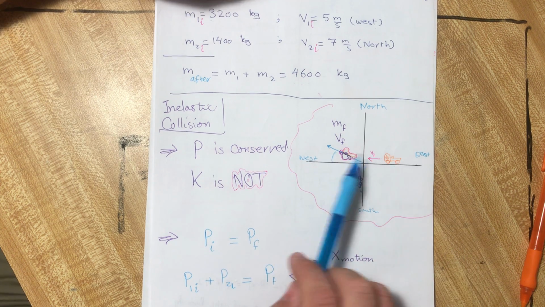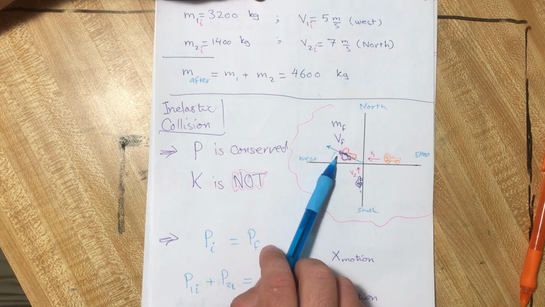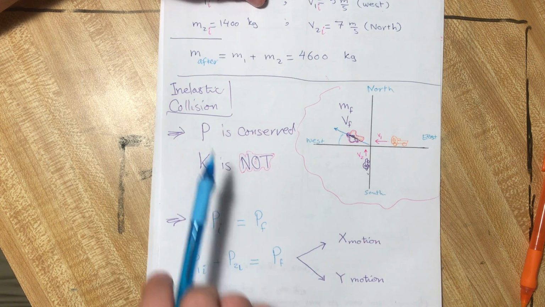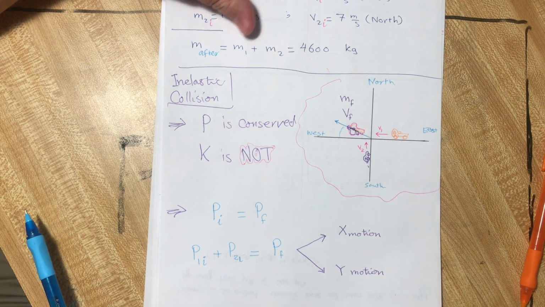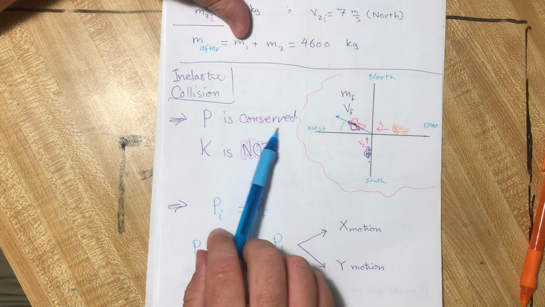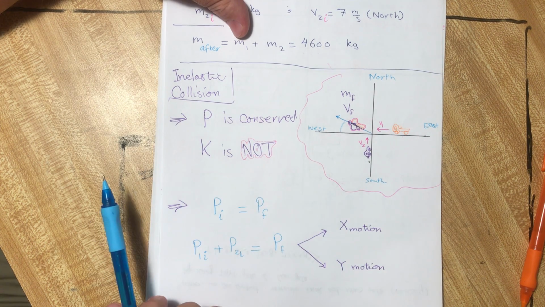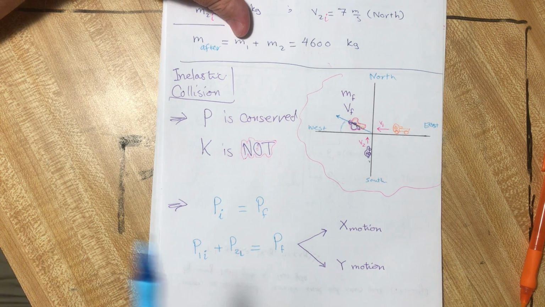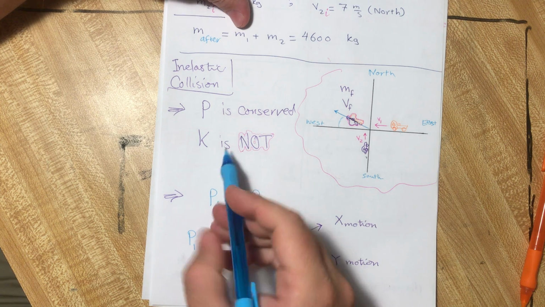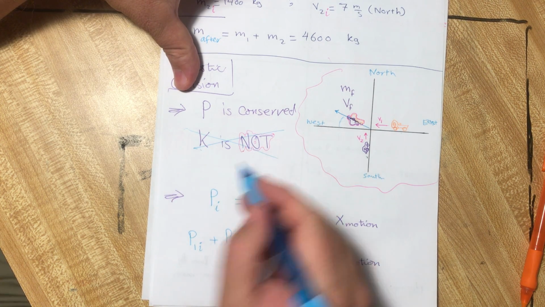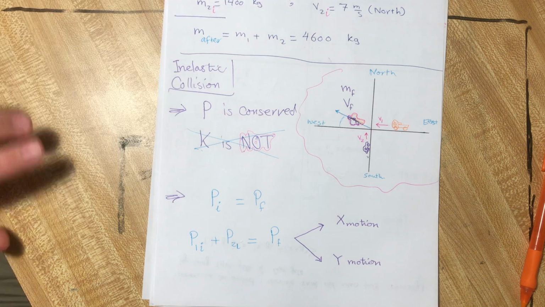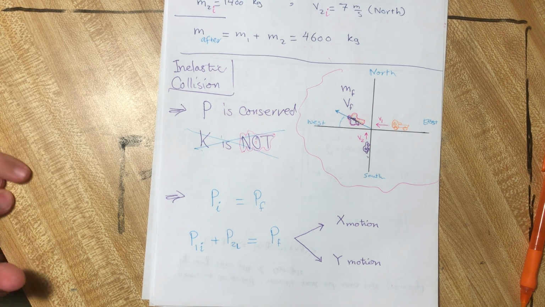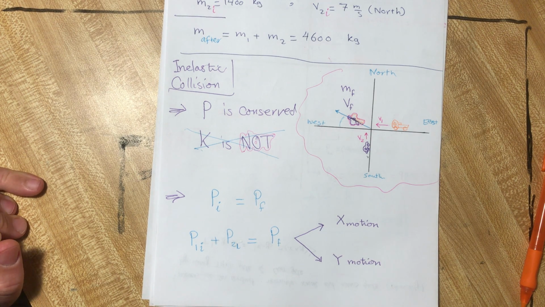Now the total mass after the collision will be 4,600 kilograms. Now this collision is inelastic. That means the momentum is conserved before and after the collision, but the kinetic energy is not conserved. That means we will not solve anything with kinetic energy, but we will solve with momentum.